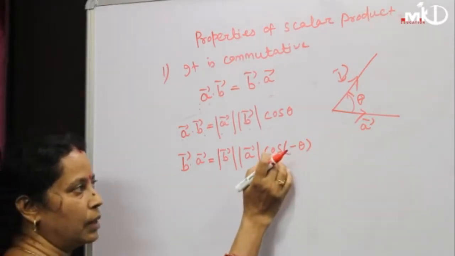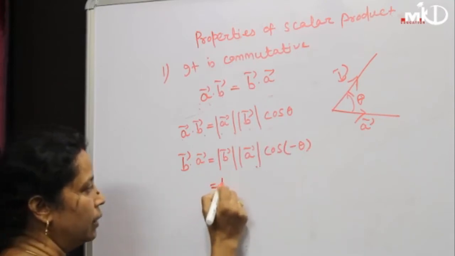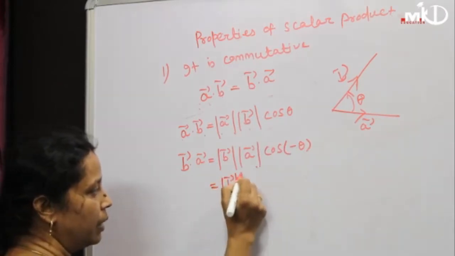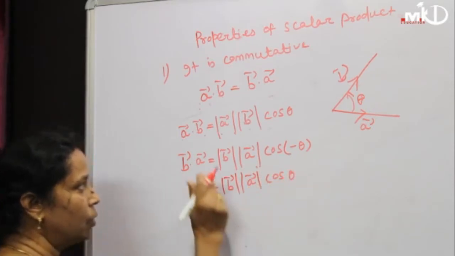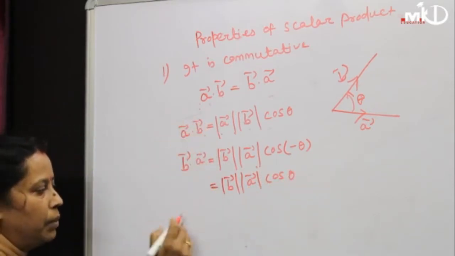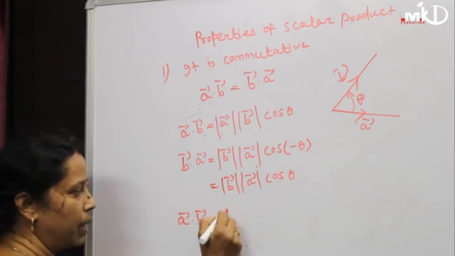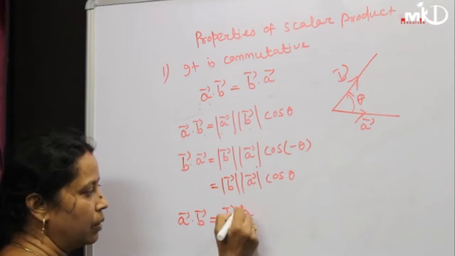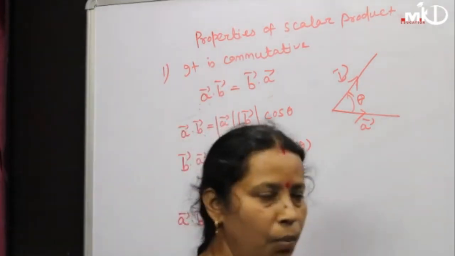But we know cos of minus theta is equal to cos theta. So from these two we find a bar dot b bar is equal to b bar dot a bar. So the scalar product is commutative.